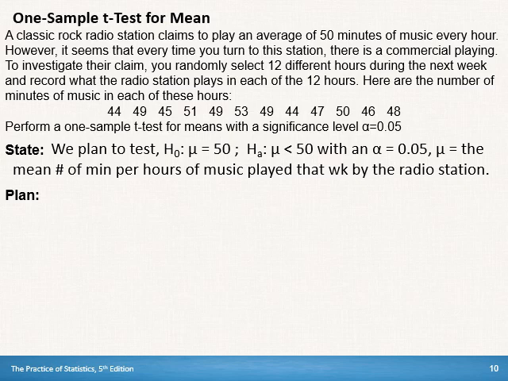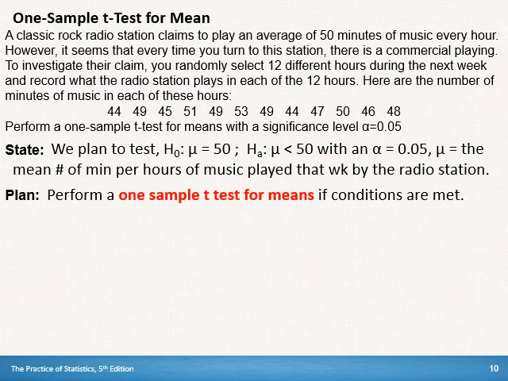All right, the plan. We want to state the inference procedure and check our conditions. So pause the video again and write that out. All right, so in the plan, we want to perform a one sample t-test for means, and then the conditions. Hours were randomly selected from the week.